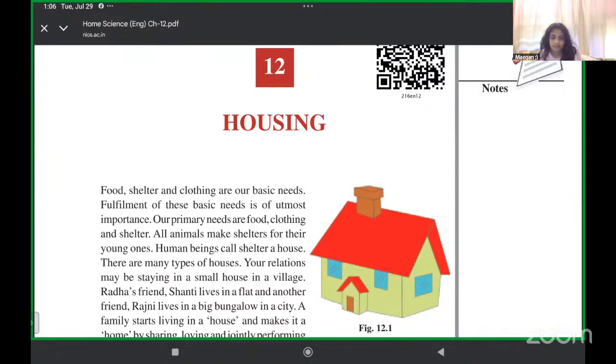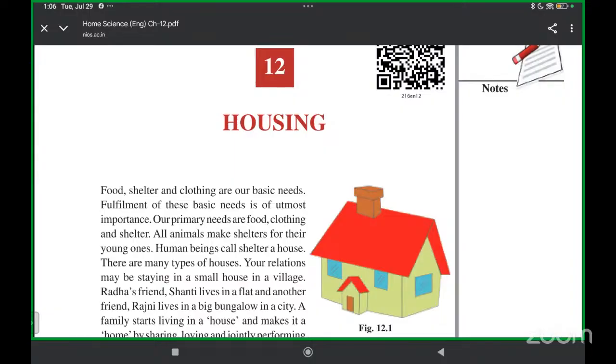Okay. Now, housing. Food, shelter, and clothing are our basic needs, and fulfillment of these basic needs is of utmost importance. Our primary needs are food, clothing, and shelter. All animals make shelters for their young ones, and human beings call shelter a house.